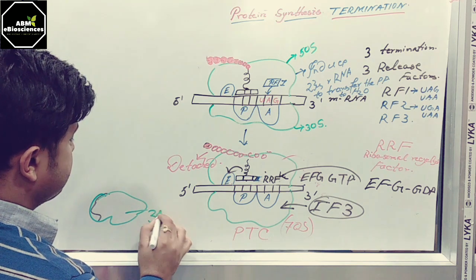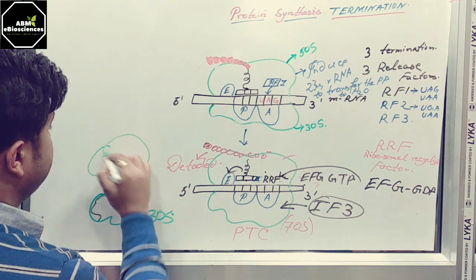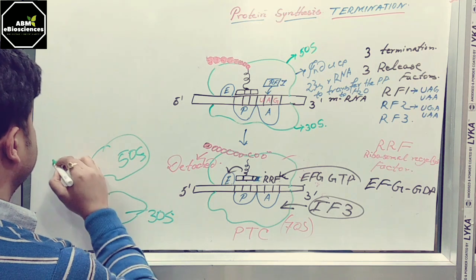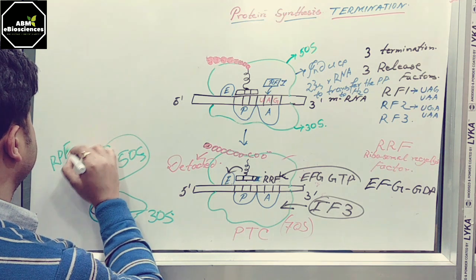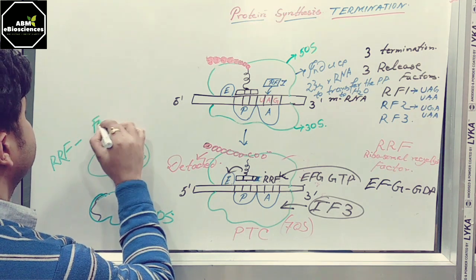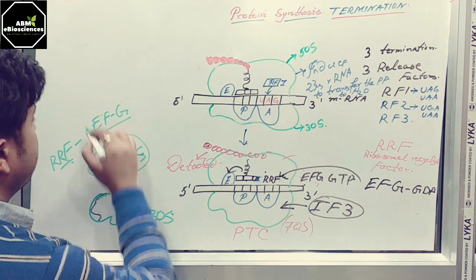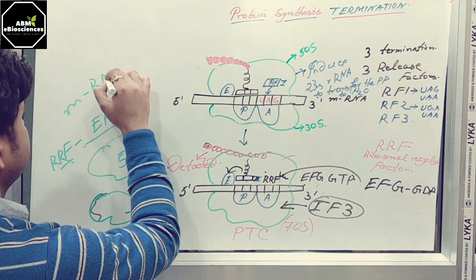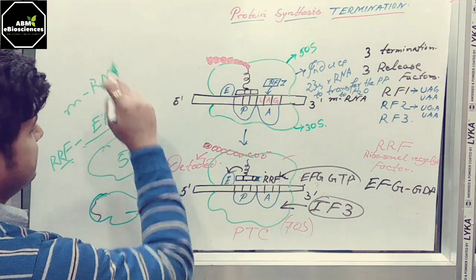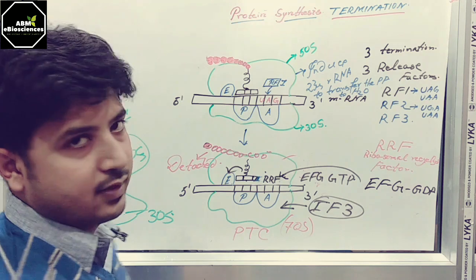Suppose this is the 30S, dissociated, this is the 50S, dissociated, the RRF and EF-G are dissociated, the mRNA is separated, and the polypeptide was previously separated at the time of release factor binding.